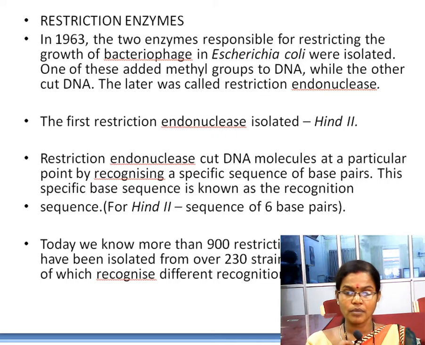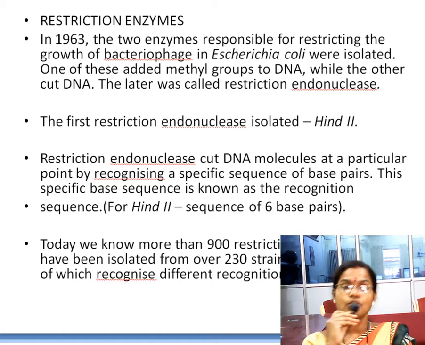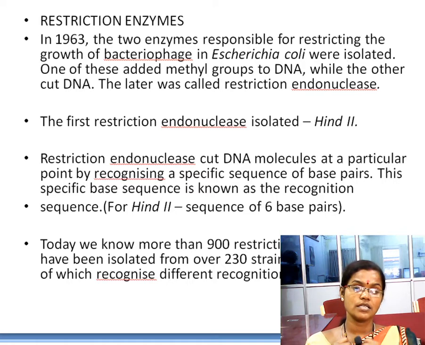These molecular scissors or molecular knives were extracted by the scientist called Hamilton Smith. Students, Hamilton Smith overall identified 900 restriction endonuclease enzymes from 230 bacterial strains.